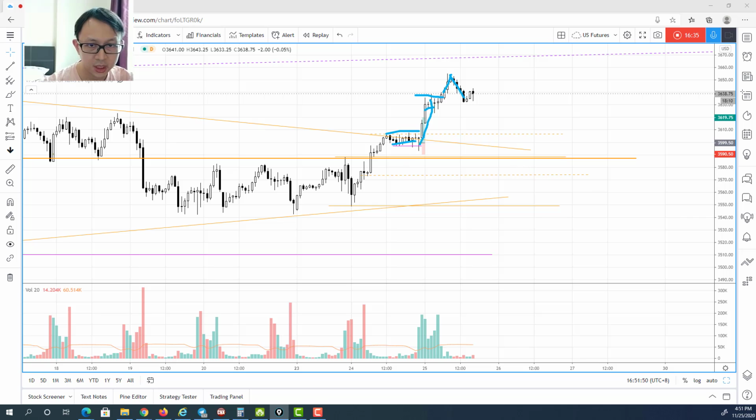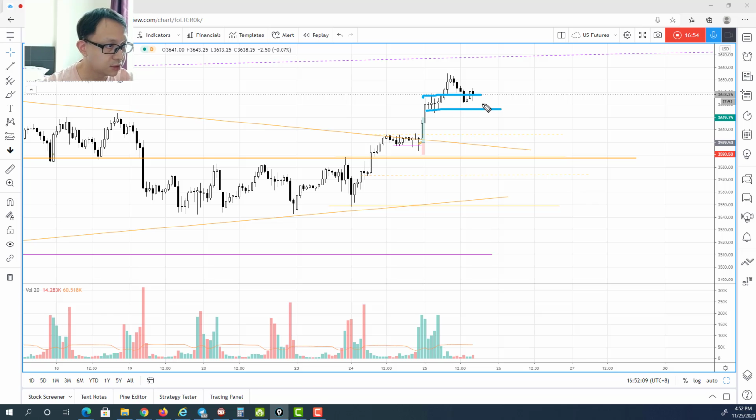So overall, I think the immediate support level still lies about this little trading range here. That could be somewhere around 3620 to 3630. So that will form some support zone.